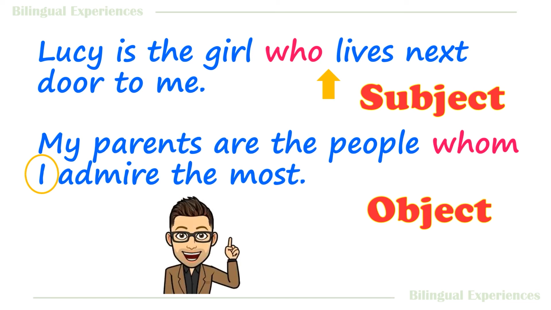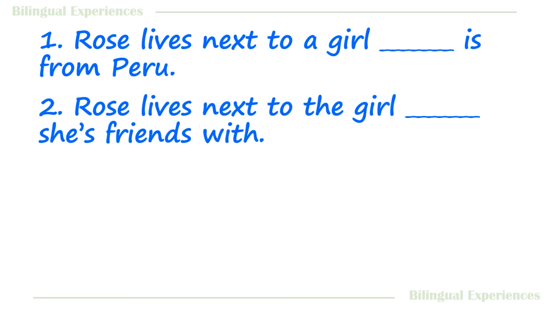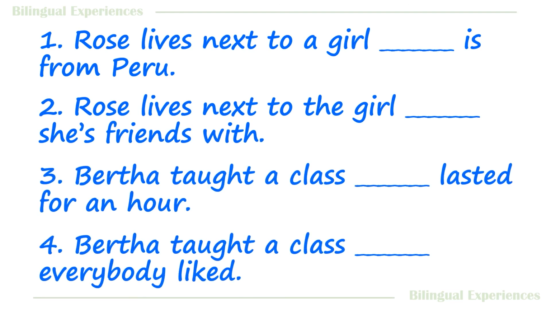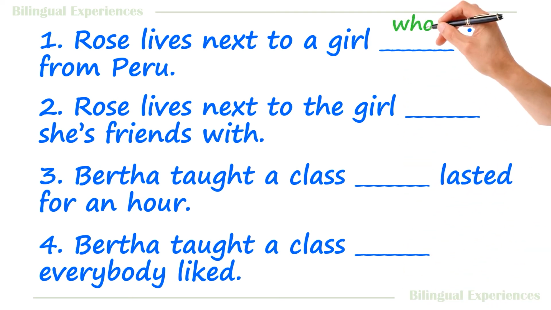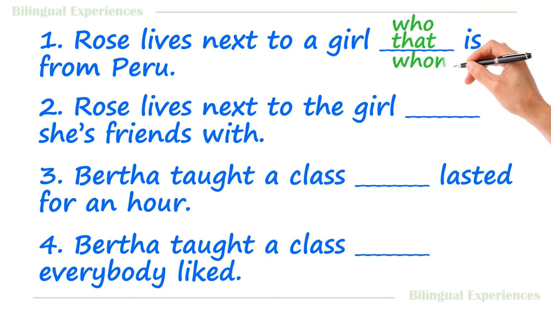So let's wrap this up to see if you understood. Let's take a look at these sentences and let's try to complete them. In number 1 it says, Rose lives next to a girl, blank is from Peru. So we're talking about a girl. That is, we can use who, that, and what about whom?